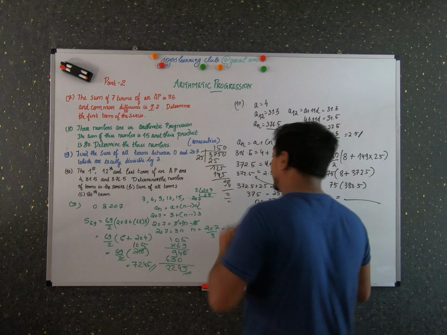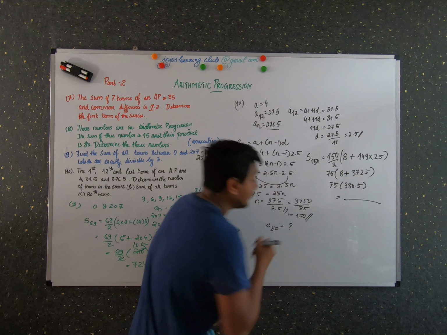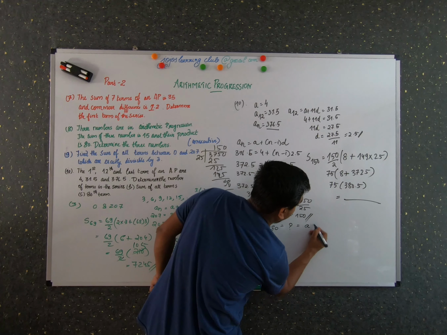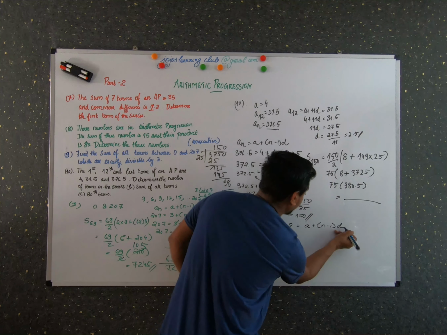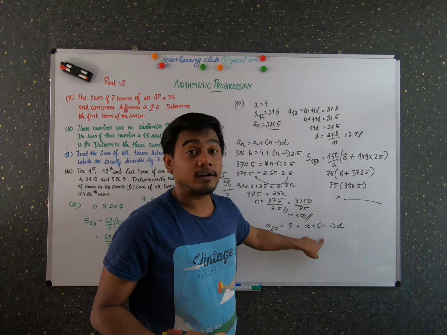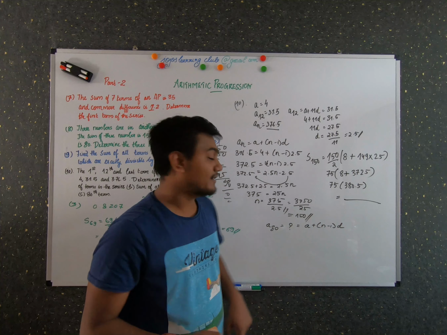Let's do the last and the final section in this, that is to find the 80th term. So to find A80, we already know the formula, that is A plus n minus 1 into d. So A is 4, d is 2.5, and n is 80, so n minus 1 is 80 minus 1, 79.